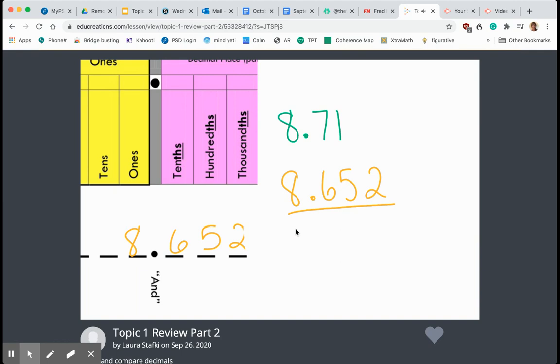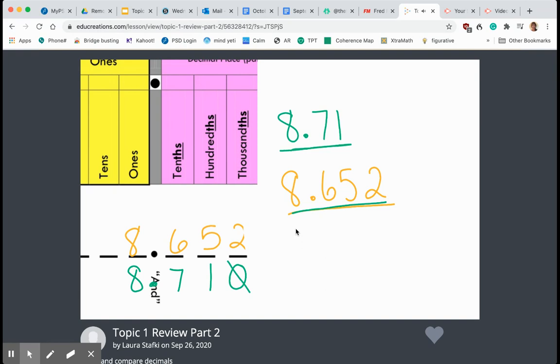So if we know that thousandths are really small, we got to keep that in mind. A number that ends in hundredths can technically be larger than a number that ends in thousandths. So if I write the number 8 and 71 hundredths on the place value chart, it's a little easier to compare. I can even add a 0 because I know that 71 thousandths and 71 hundredths are equivalent.